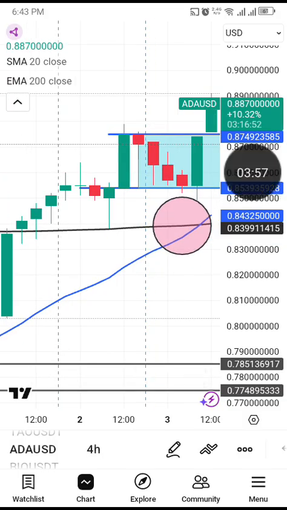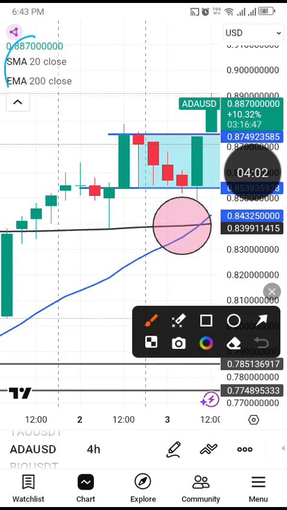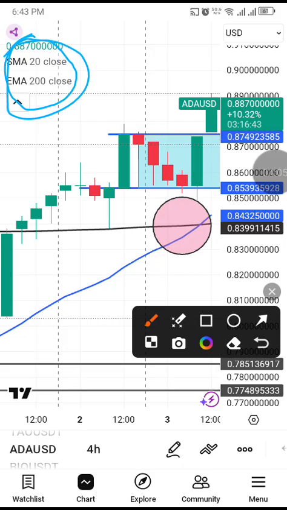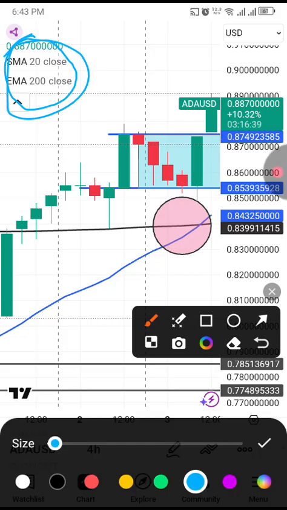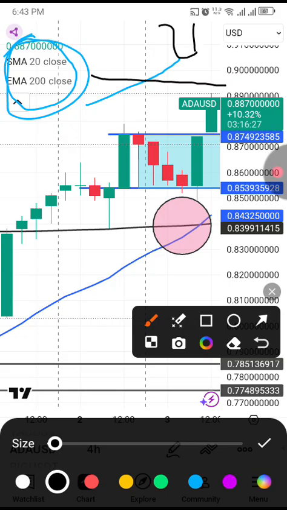Also set two exponential moving averages. Make one 20, another one 200. The 20 is the one which is blue, and the biggest is the 200.